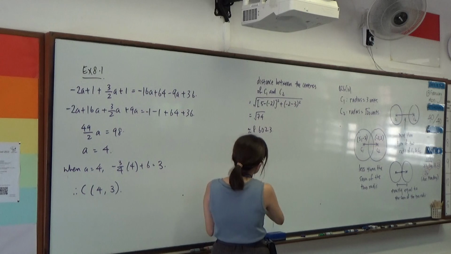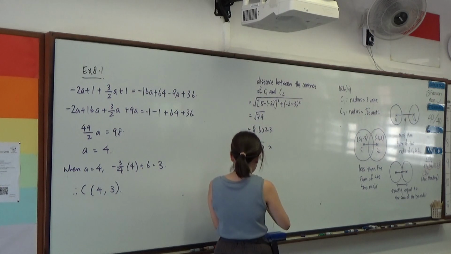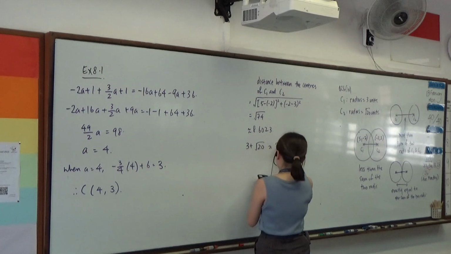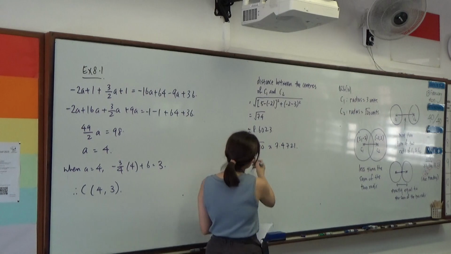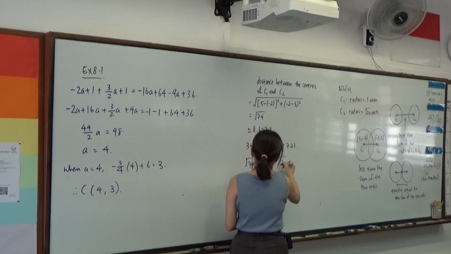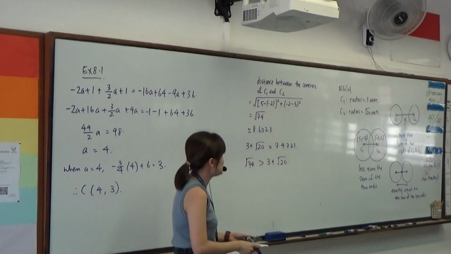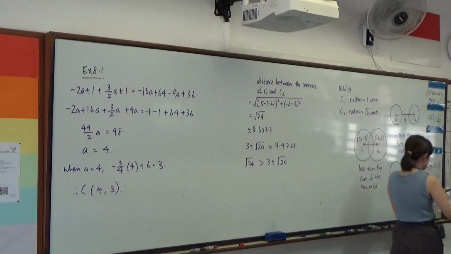Okay, whereas 3 plus square root 20 gives us about 7.4721. So that means square root 74 is more than 3 plus square root 20, and therefore they clearly will not intersect.